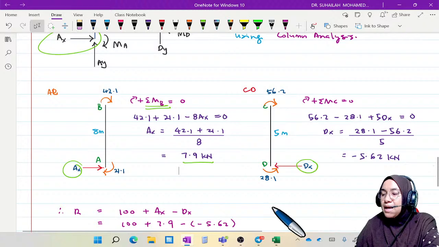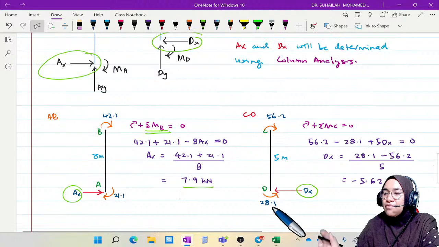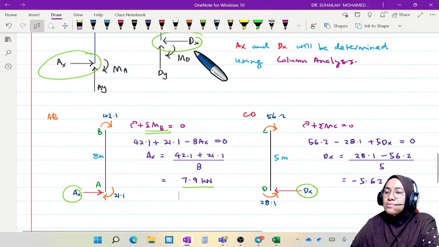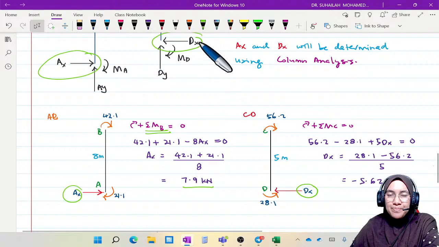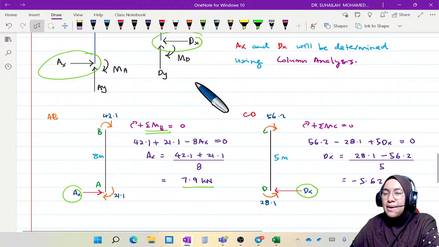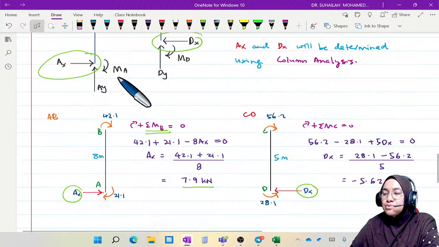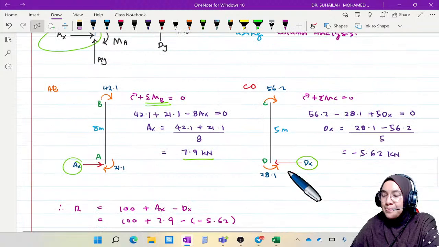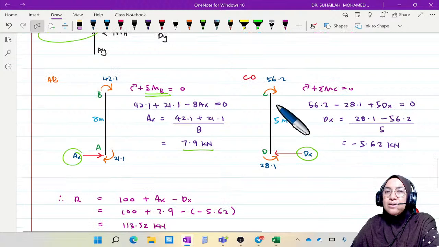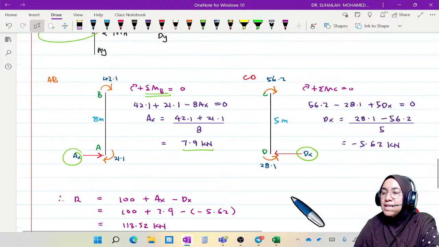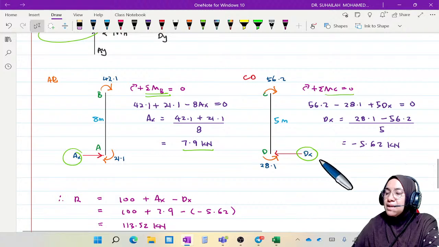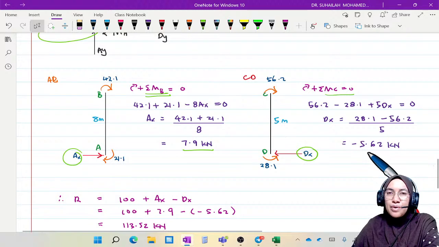And this Dx actually comes from the main diagram, the one where we wrote the shear equation, referring to the above frame. By using static equilibrium, taking moment at C, we can get the Dx value, and Dx is equal to negative 5.62.